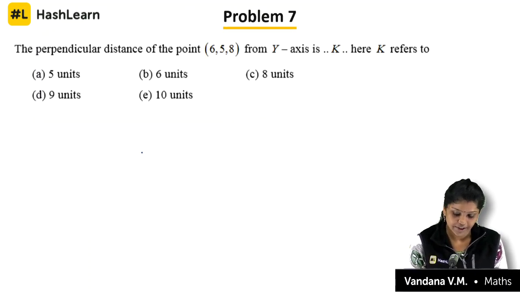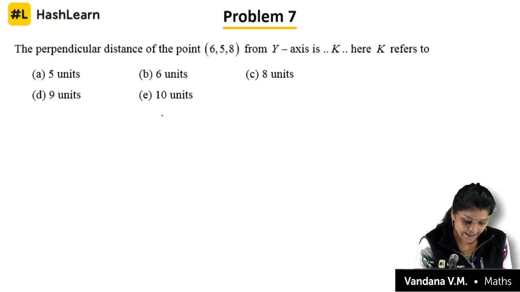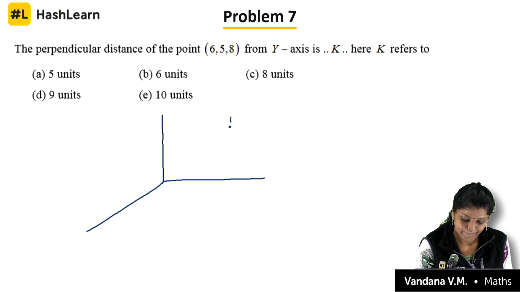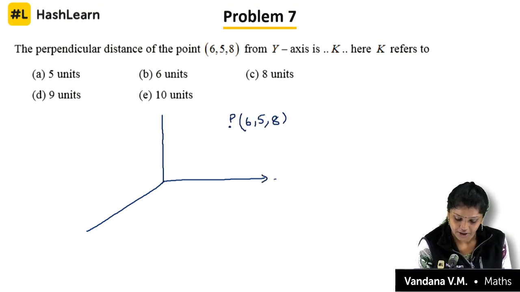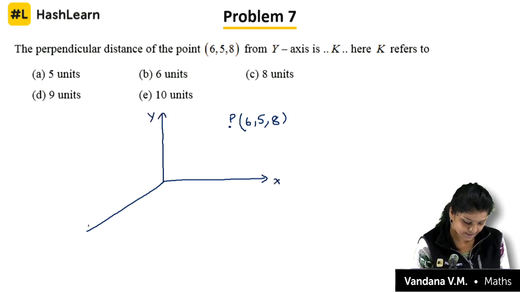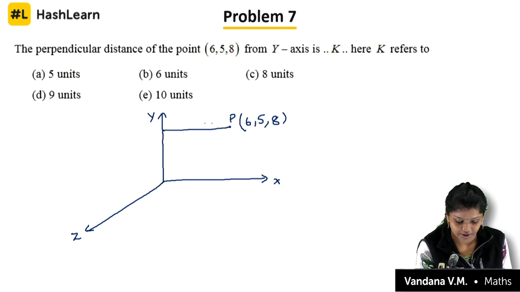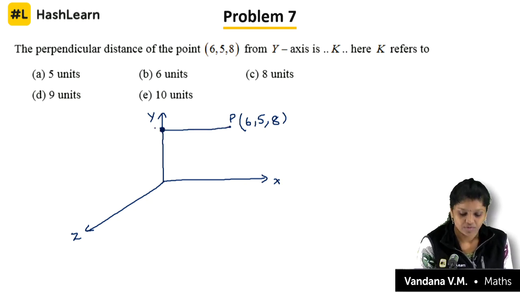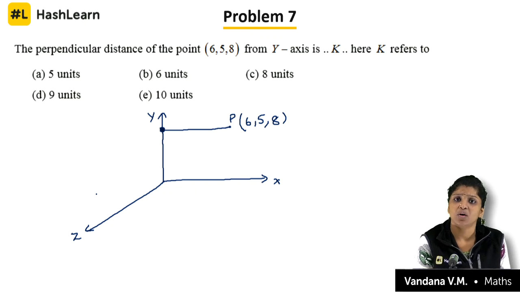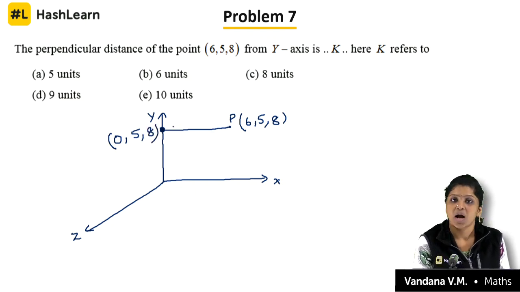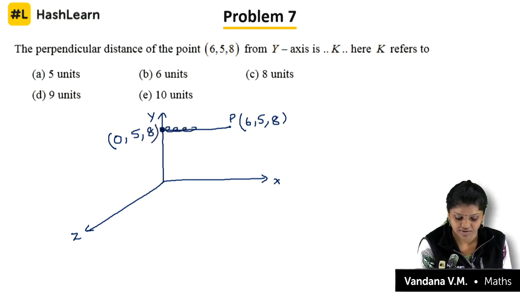The perpendicular distance. See, there is a point like this, point P of 6, 5, 8, with x-axis, y-axis and z-axis. Just draw a perpendicular distance to the y-axis. Any point on the y-axis, how will I get it? 0, 5, 8. Now, I would like to find out this distance.